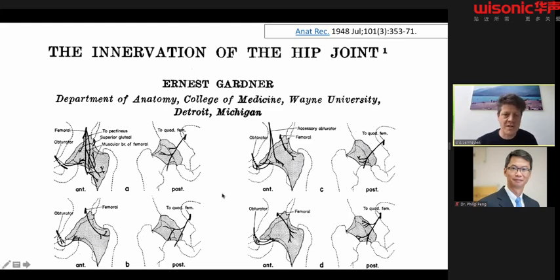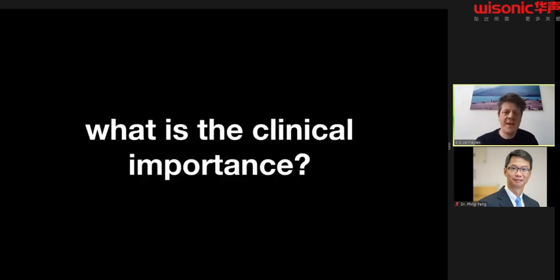So this is not all that new; we just started to look at it in a different way. For me, the clinical importance is still something we have to look for more. That's why I wanted to not just discuss the block or the fascial compartment approach itself, but also show you that sometimes you have to think a little out of the box. It will become clearer further on in my talk.